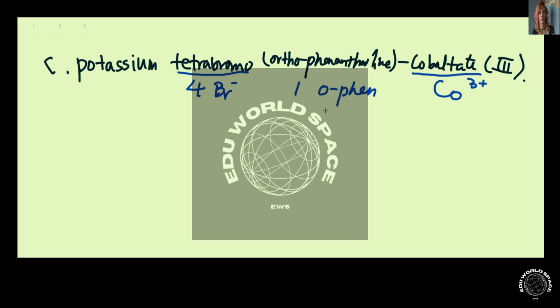So the formula of the compound will be, so potassium right here, and inside the bracket, we have cobalt, o-phen, and 4 bromide.